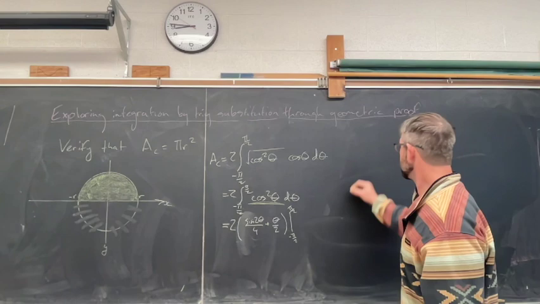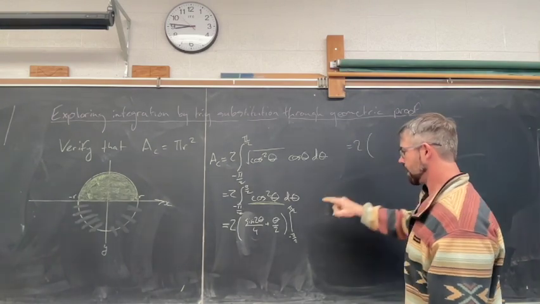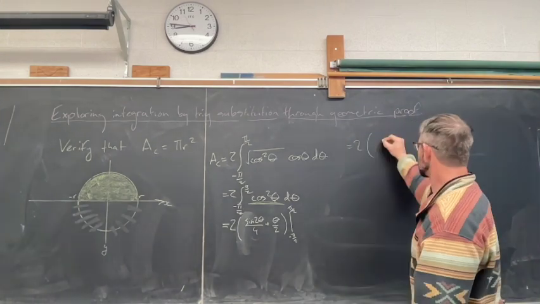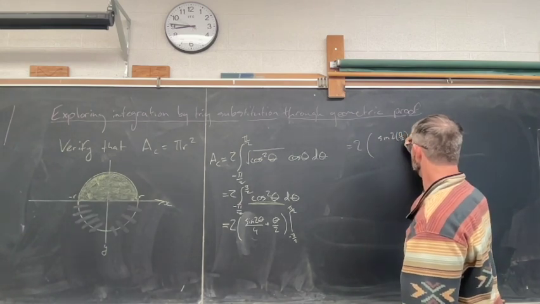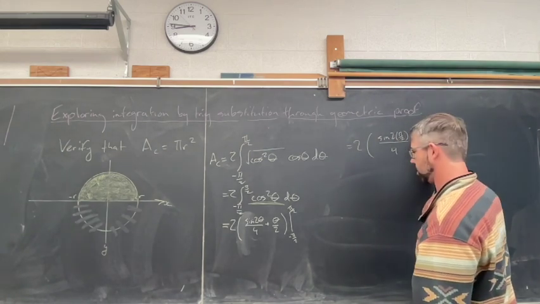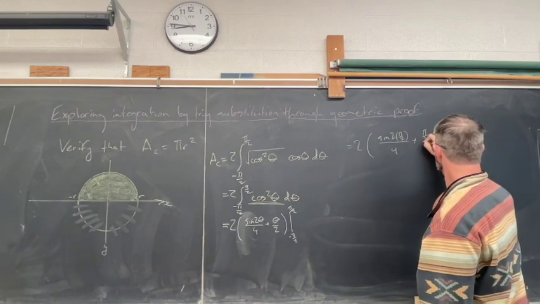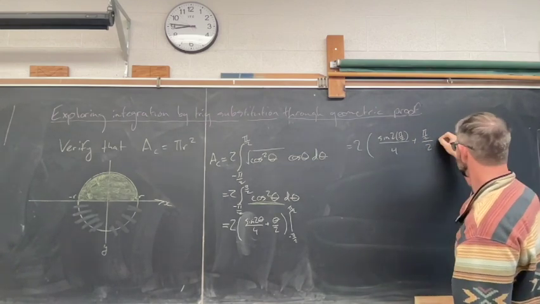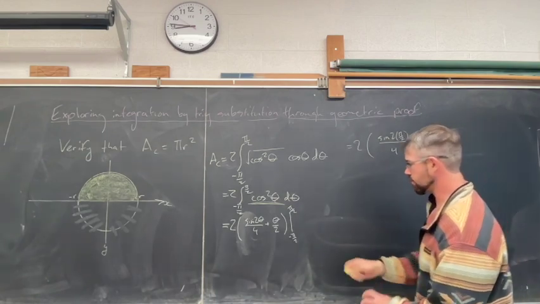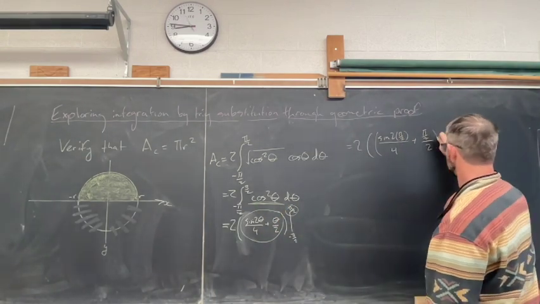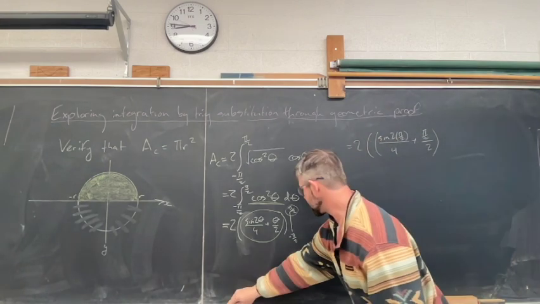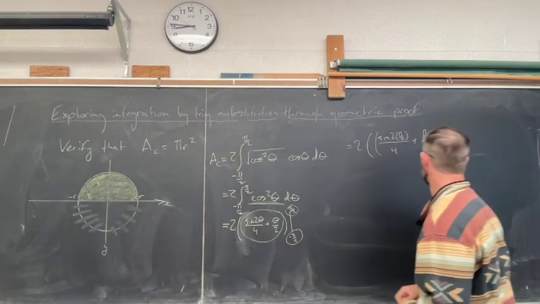So I have to do 2 times, and I'll go through with pi by 2 first. So this is going to be sine of 2 times pi by 2 over 4 plus pi by 2 over 2. That's the first expression with pi by 2. Now I'll do the second expression with negative pi by 2.